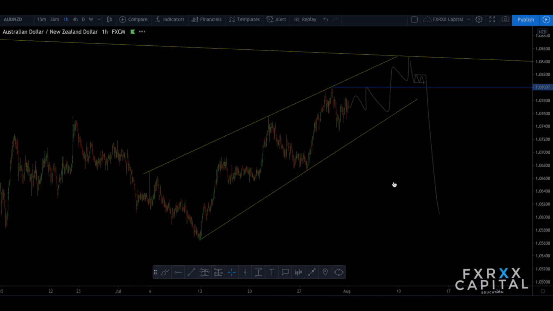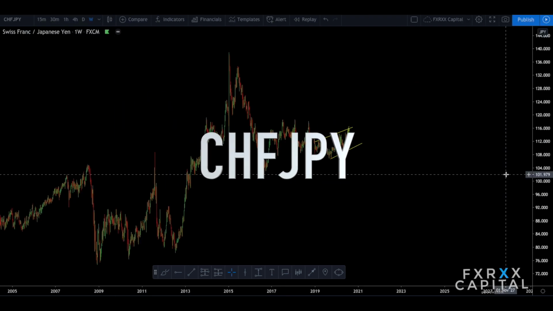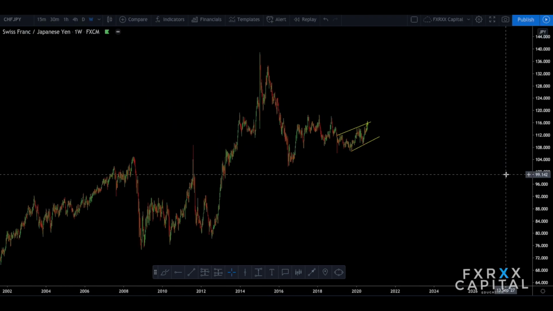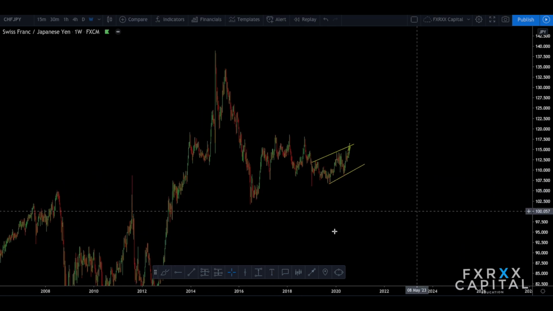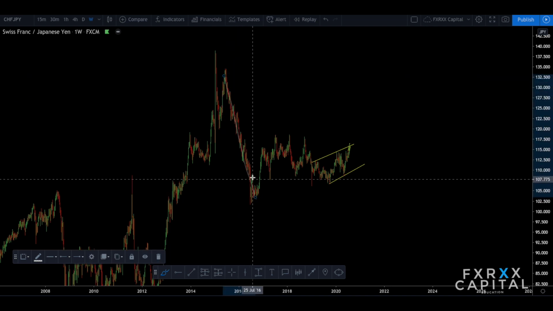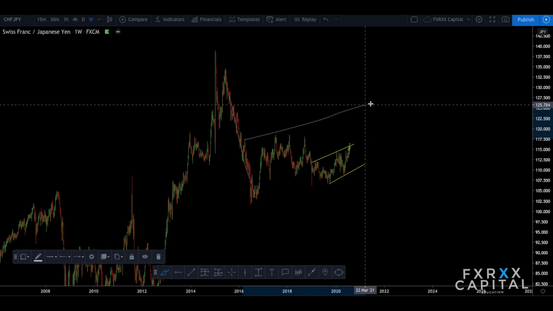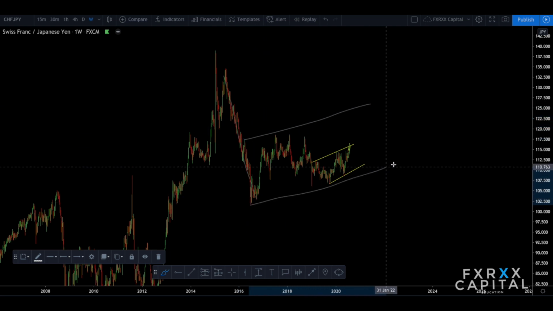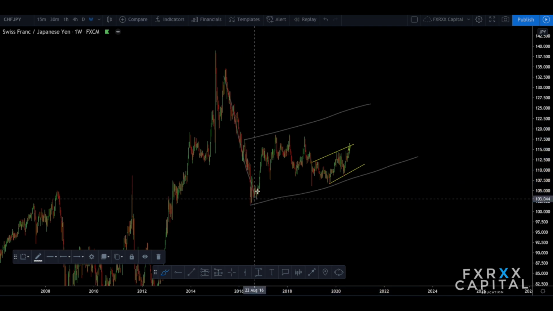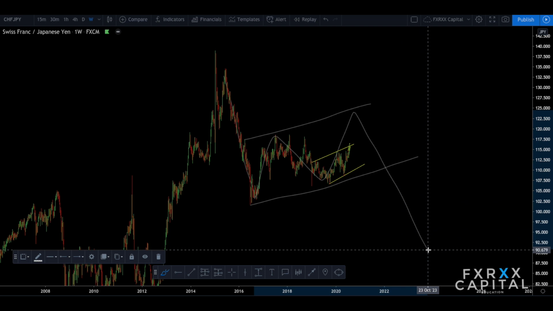Next, we move to Swiss franc, Japanese yen. For this pair, if you understand the price action for this pair, price at the high time frame has a big impulse, and if you draw one big structure, price will have a correction here, and we expect price to move down.